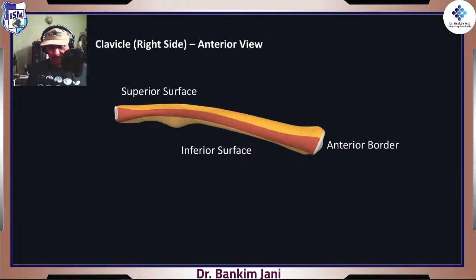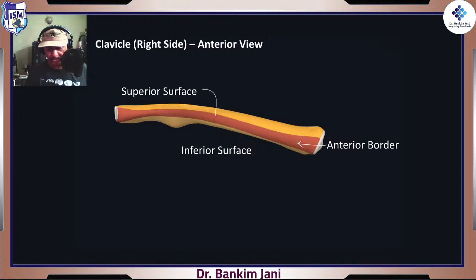Now when you are watching, this is the anterior view, right? Remember, this is the anterior view. You are watching anteriorly. So any edge, that border, which is exactly in front of you, has to be the anterior border. And if it is the anterior border, then anything above it is the superior surface. Anything below is the inferior surface.